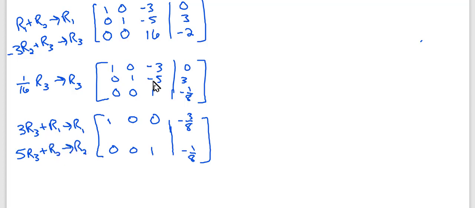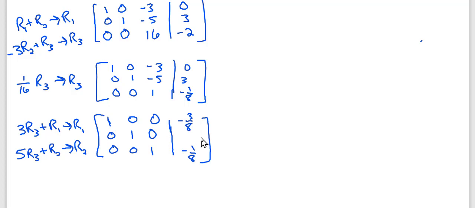to get rid of the negative 5. 5 times row 3, 5 times the 1 plus the negative 5 will give me 0. All right, 5 times 0 plus 0 is 0. 5 times 0 plus 1 is 1. 5 times 1 plus negative 5 is 0.